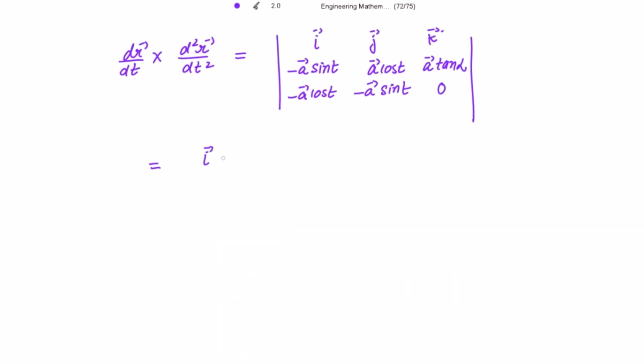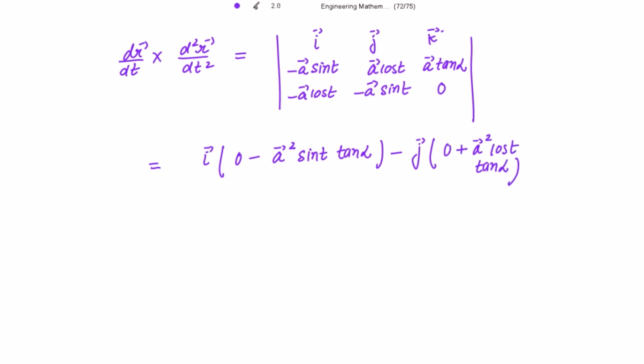So we have the i vector over here, and taking the cross product of these two with negative sign in between: 0 multiplied with a vector cos t is 0, minus a sin t multiplied with a tan alpha, that is a vector square sin t tan alpha. That's it. Negative sign, writing the j vector over here, and now taking the cross product of these two, and then writing the k vector and cross multiplying these two.